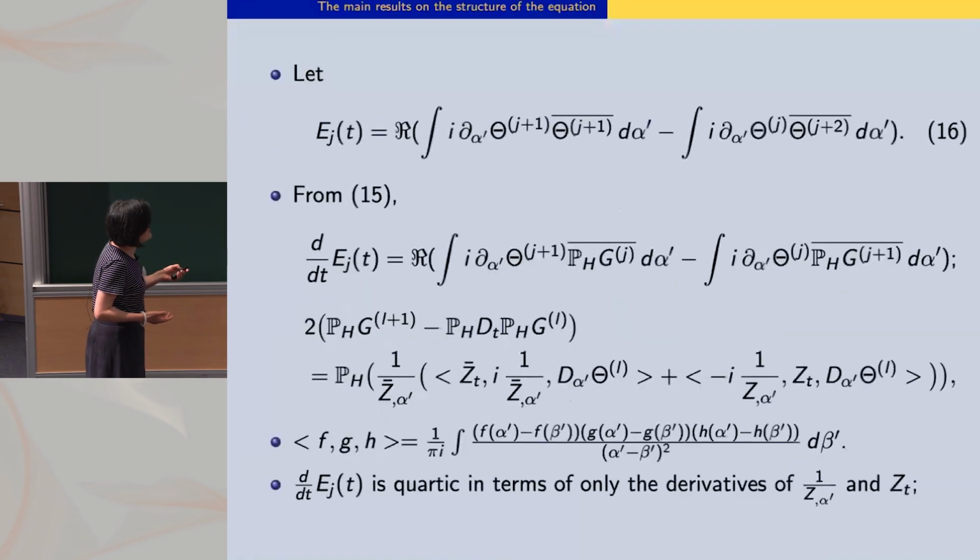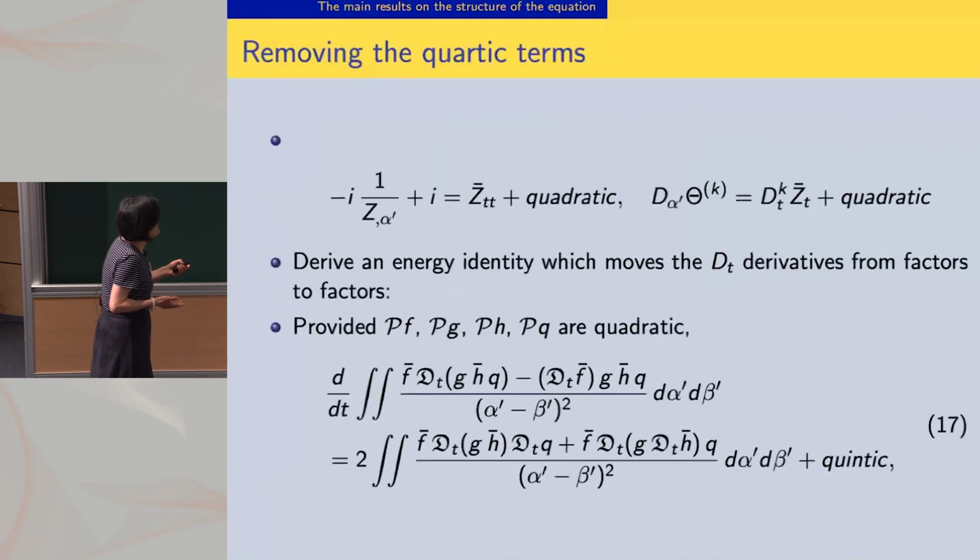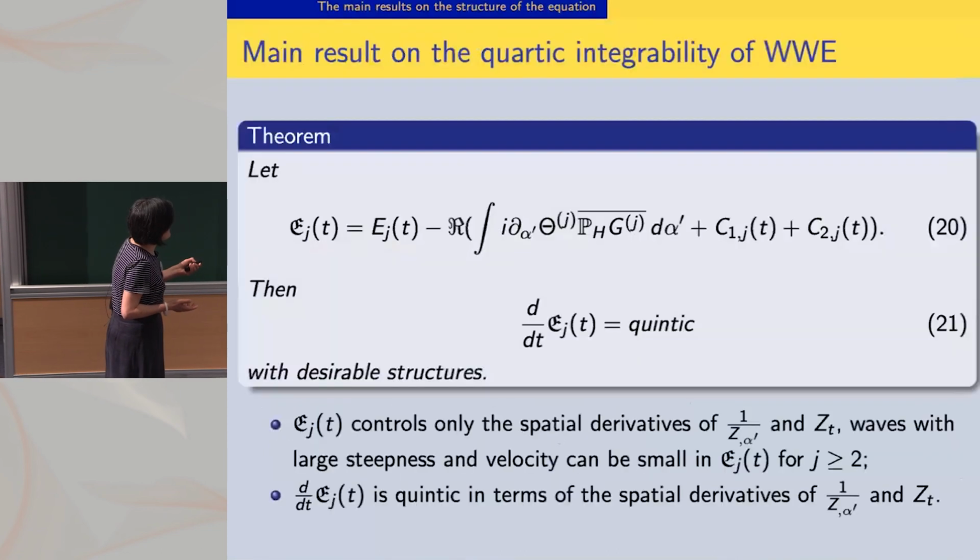The simple reason is that the typical term always looks like f alpha minus f beta, so you only need to know the derivative, not f itself. So it only involves derivatives of 1 over z alpha and zt.